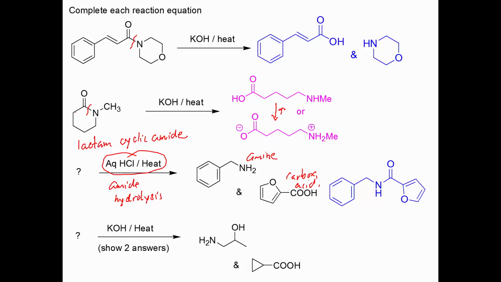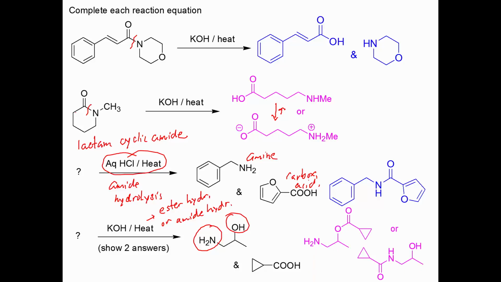Okay, here we have in this last one an amino alcohol, and what we see is KOH and heat. It's hard to tell whether this is an ester hydrolysis or an amide hydrolysis. Okay, so the examiner who wrote the question wants us to write 2 answers. So the 2 answers we're going to write are either the ester or the amide that corresponds to that amino alcohol.